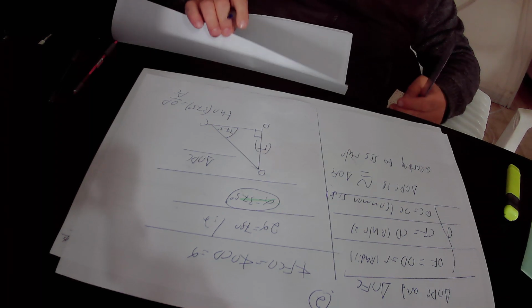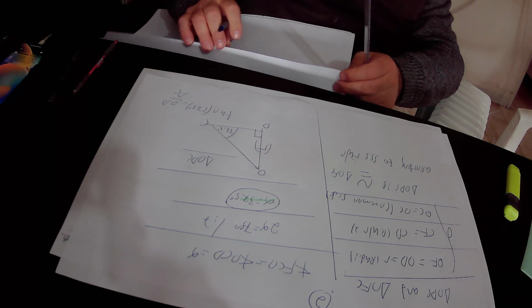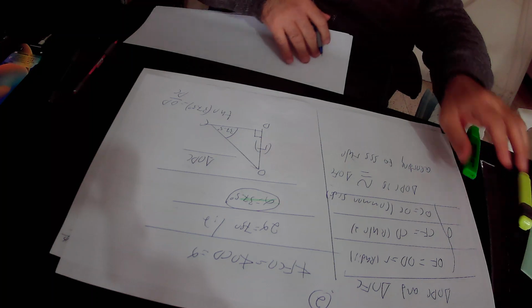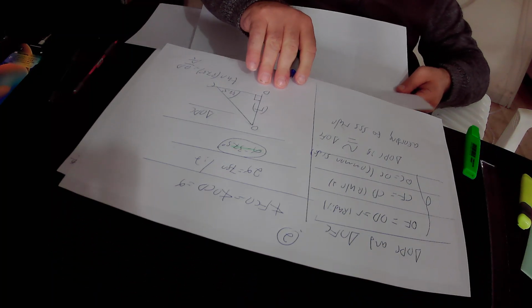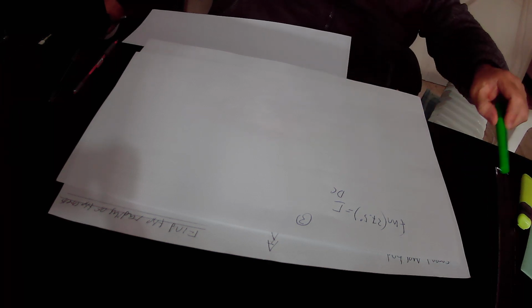Again, in the right triangle ODC, tangent 37.5 degrees equals R over DC.